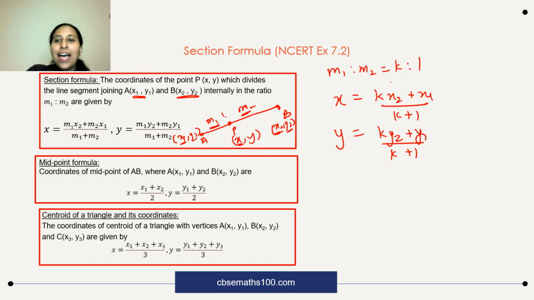All right. And one more tip I have to give you. Suppose the figure is given to you, and again, the figure is following a proper scale, and you are given 2 points, let's say A and B over here. And let's say some point P is there, okay? And you want to find out in what ratio it is dividing this line. You want to find out P is dividing AB in what ratio.